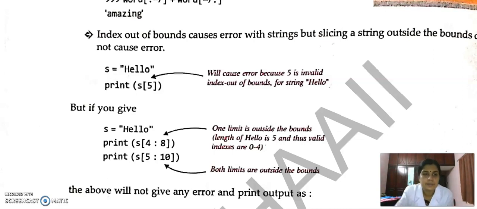Then what happened here? 0, 1, 2, 3, 4. In hello there are 5 characters, but 4 is the last index. Suppose we are asking index 5, then what happens? It will be an error because the 5th position is not in this string.